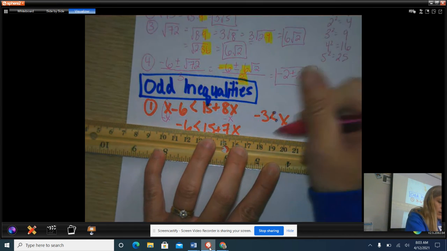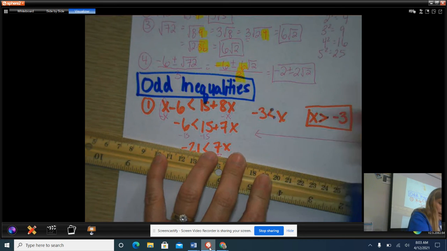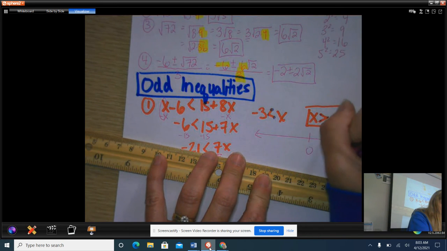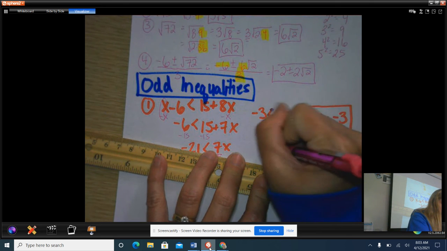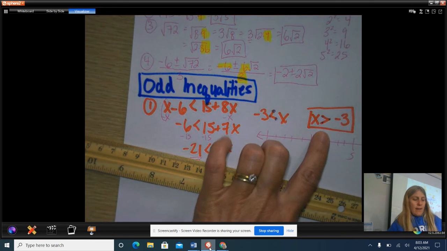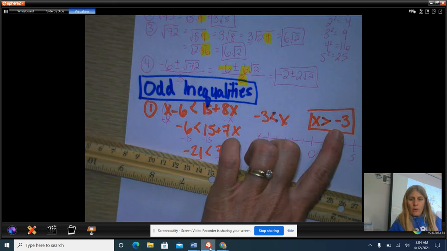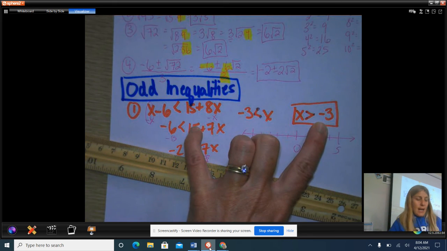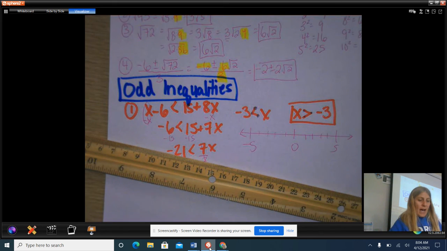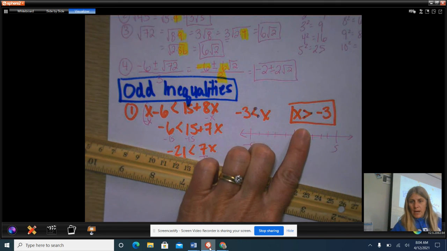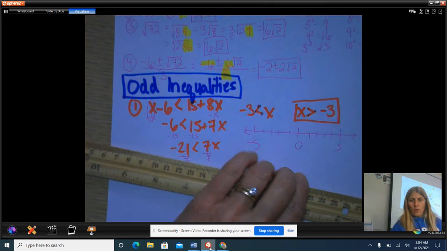Now, our last step for each of these is going to be to graph it. So we are going to do our number line. 1, 2, 3, 4, 5. Negative 1, 2, 3, 4, negative 5. I see that I have my x first. So I'm going to make a dot at negative 3. However, this is going to be an open dot because it is a greater than or less than.